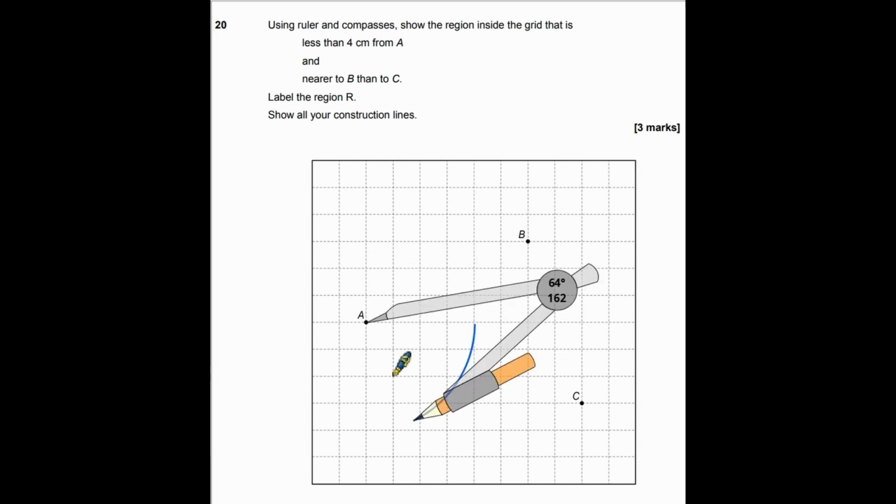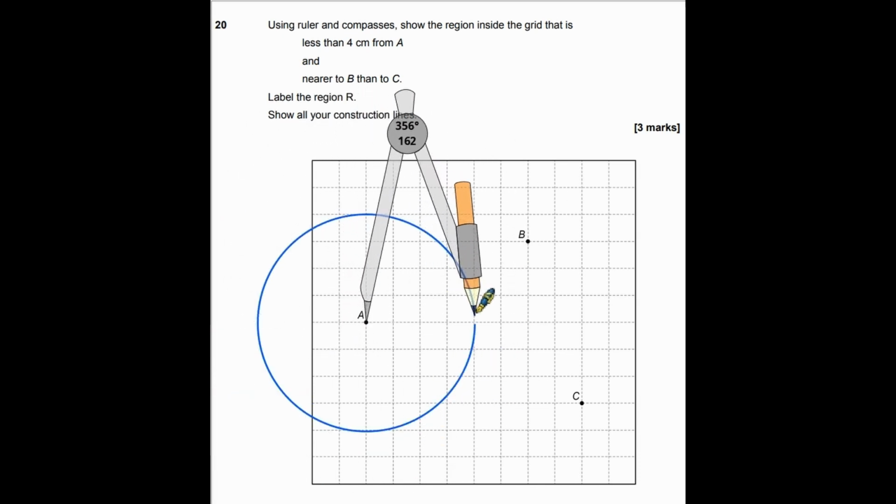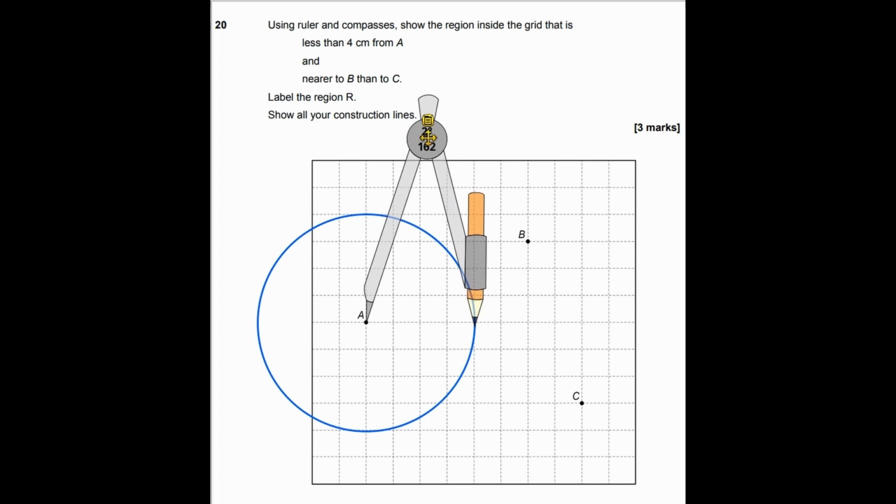So if I draw a circle there, I now know that the region I am looking for is inside that circle, because the circle has a radius of 4 centimetres, so anywhere inside that circle is less than 4 centimetres from A. If you were doing this, you would be measuring the points of your compass to make sure that they are indeed 4 centimetres away from each other.